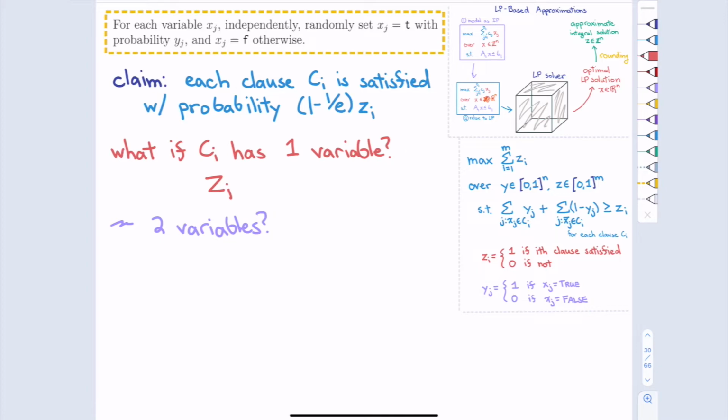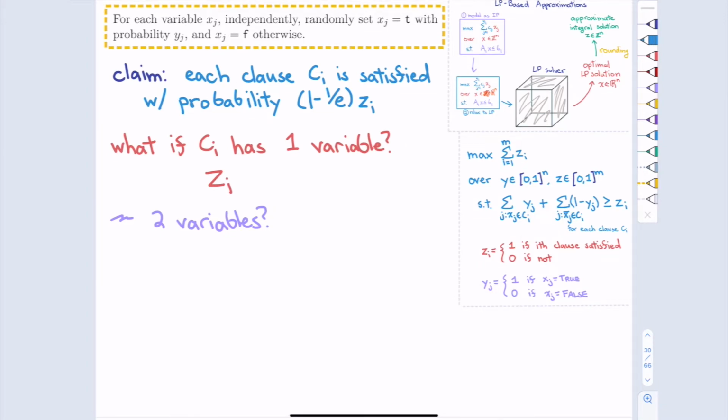Let's also look at two variables. This is not as obvious; we'll have to actually work through it. Let's say that Ci was the union of two variables, x1 and x2.